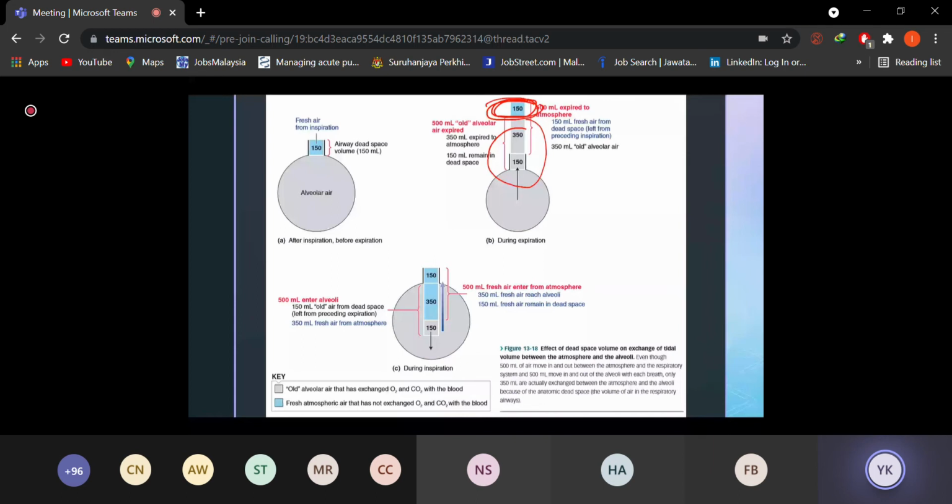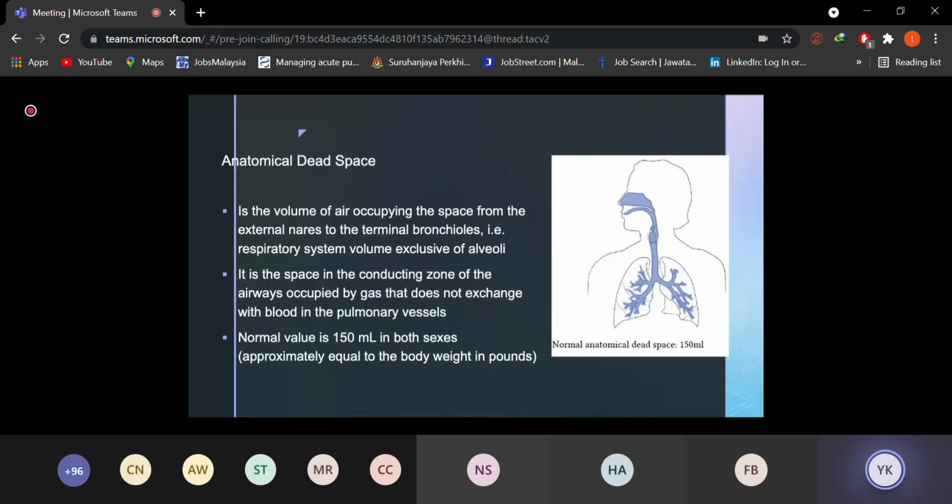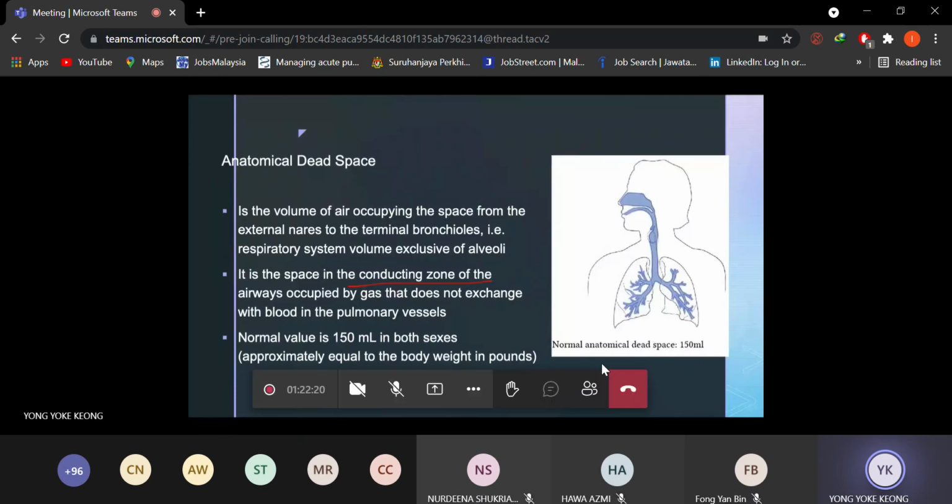It is the volume that occupies the space from the external nares to the terminal bronchioles. This dead space does not take part in gas exchange at all. This is what we call the conducting zone of the airway. The normal value is 150 mL in both genders.